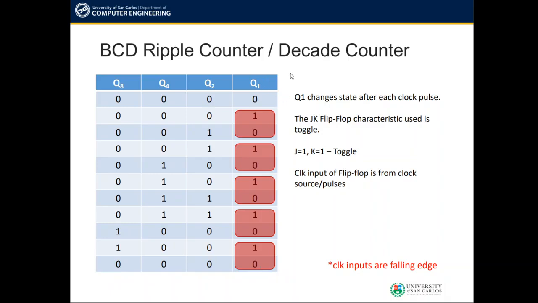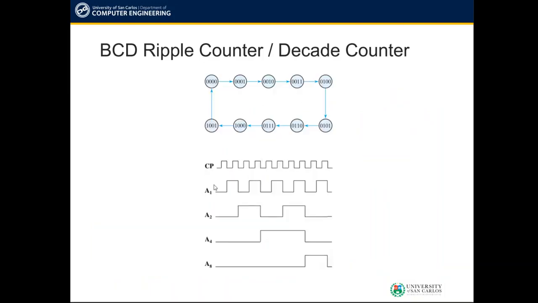And then what we observe here is that Q1 changes state after each clock pulse. So every time the clock pulse, from the previous timing diagram here, is at a falling edge, it toggles the output.